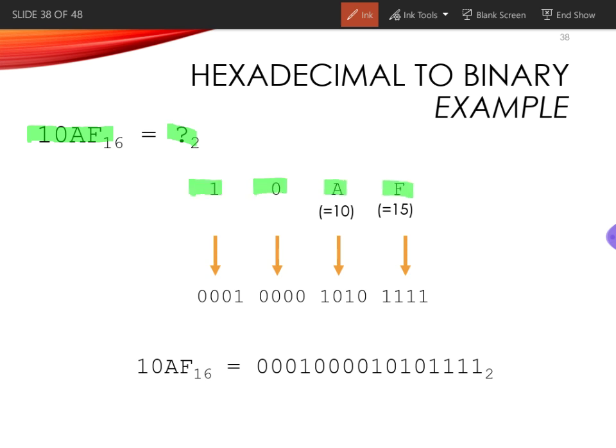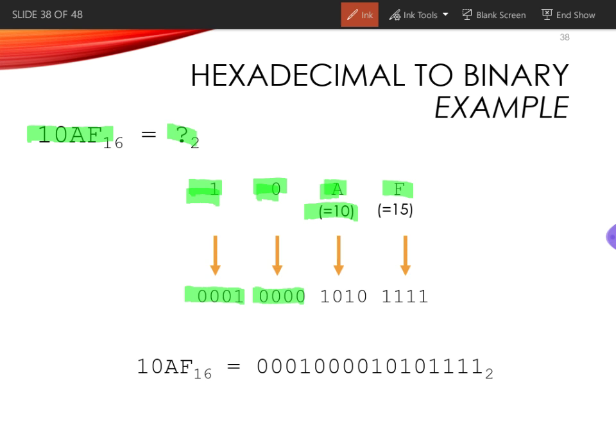So 1 converts to 1, and then we just fill it out with zeros to make it 4 bits. 0 is going to be all zeros. Then A is the decimal equivalent of 10.